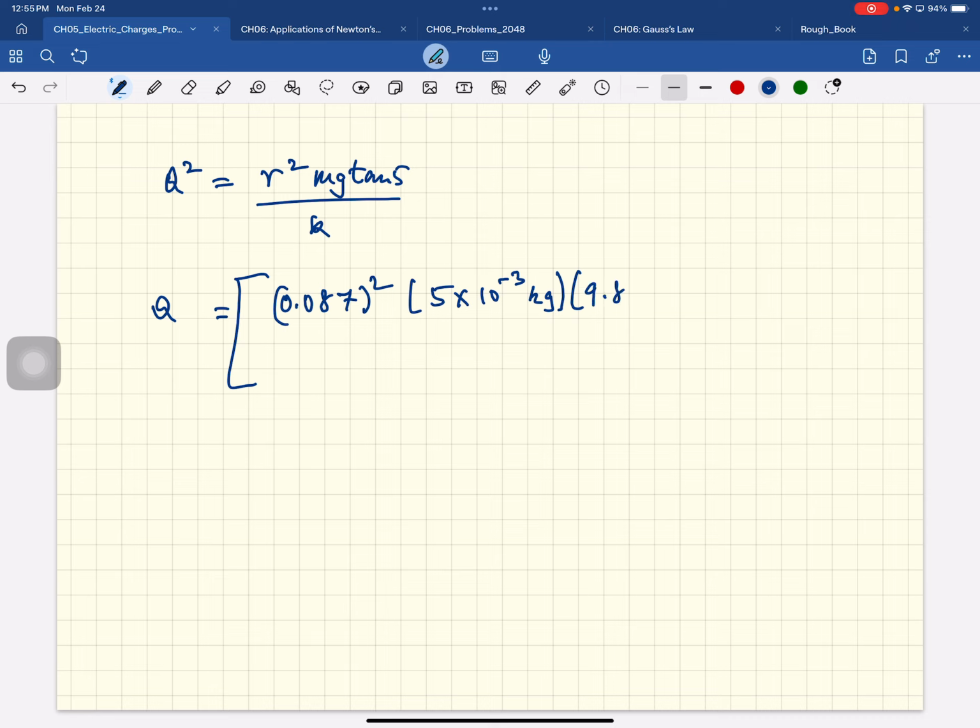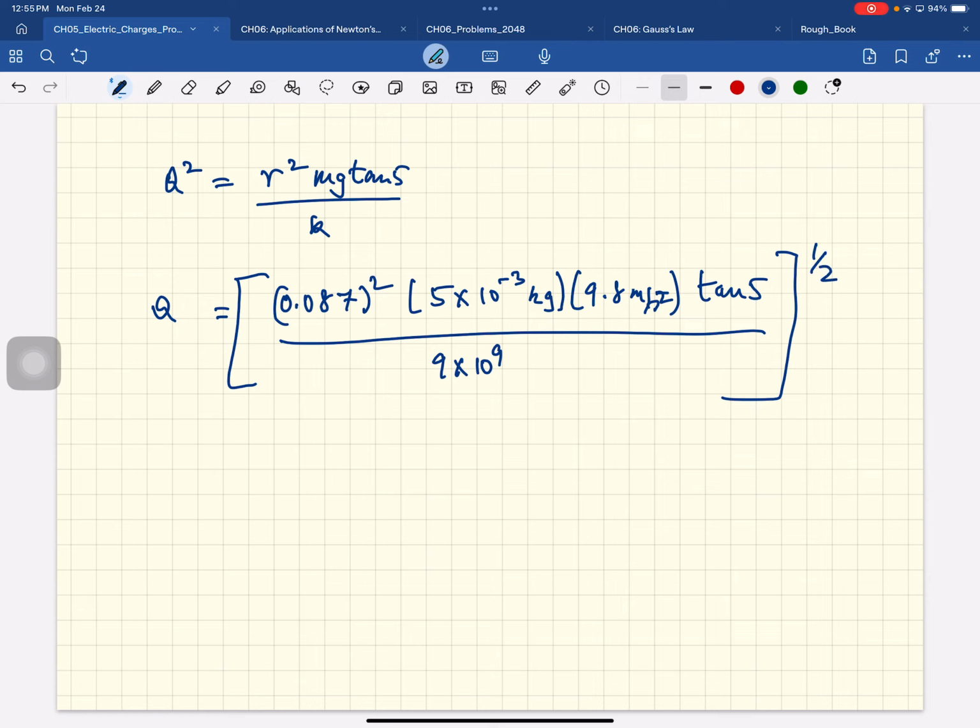G is 9.8 meters per second square. Tan phi, and K is 9 times 10 to the 9. Okay, so what I'll do is, this becomes 10 to the minus 12, to the power half of 10 to the minus 6.